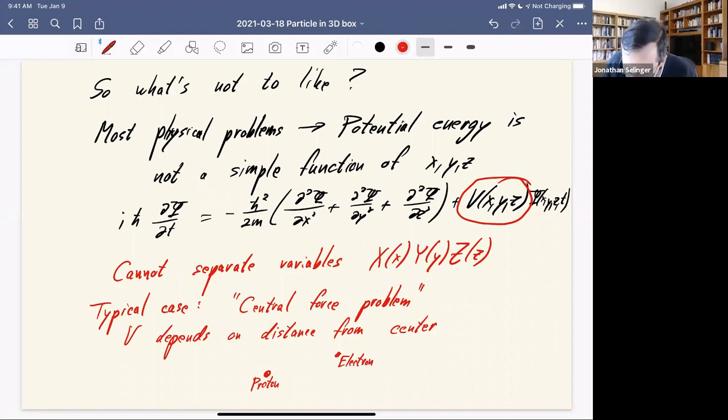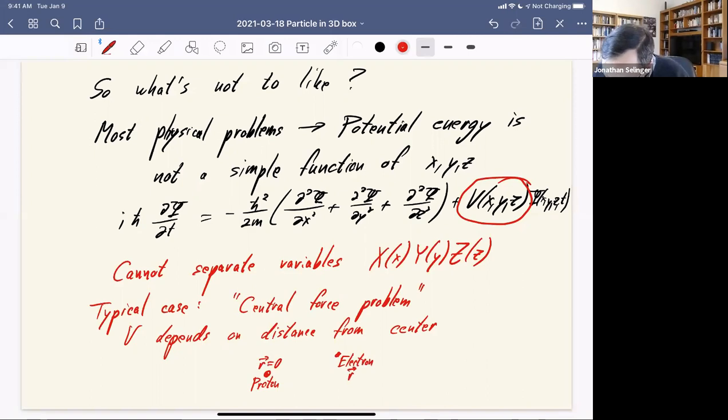And the proton is at r equals 0. And the electron is at some position r. And there's a potential energy for the electron. That is a Coulomb attraction to the proton. Okay?